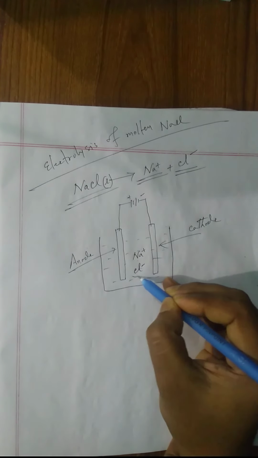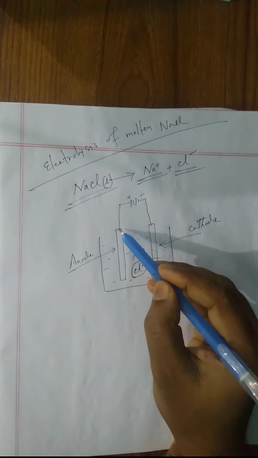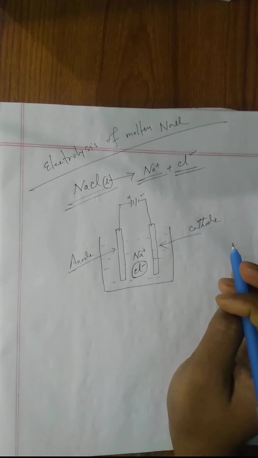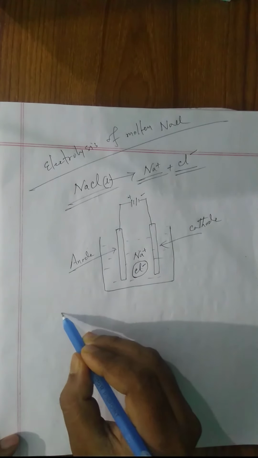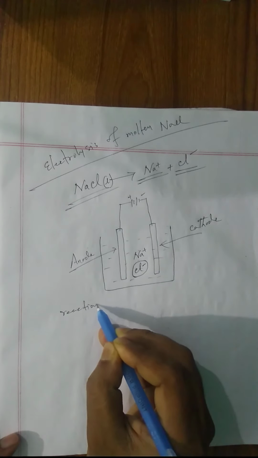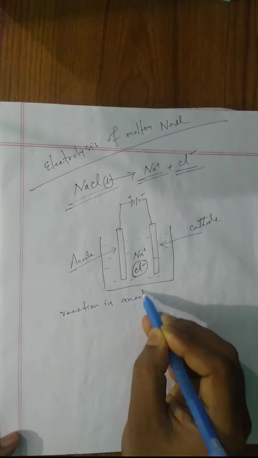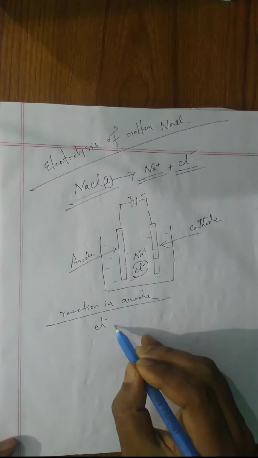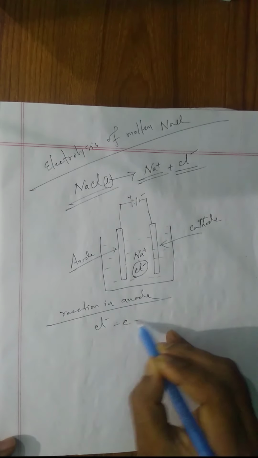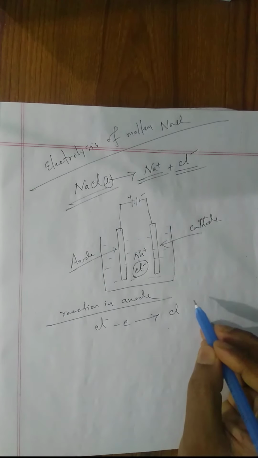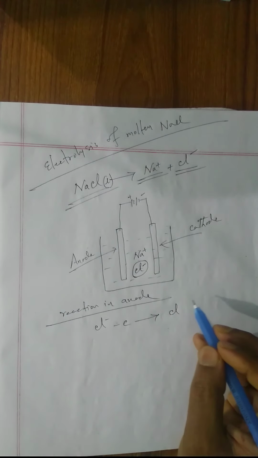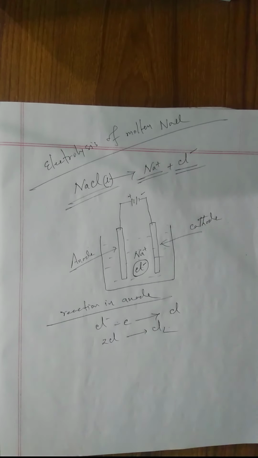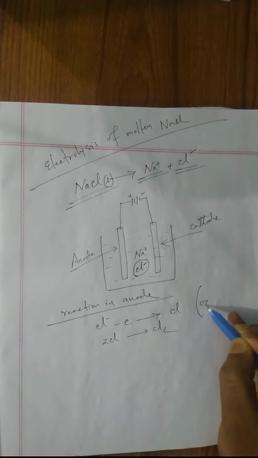This chloride ion is attracted by the positive anode and an oxidation reaction occurs. The reaction at the anode: chloride ion is attached to the anode, eliminates one electron, and forms chlorine. So 2 chlorine gas. This is an oxidation reaction.